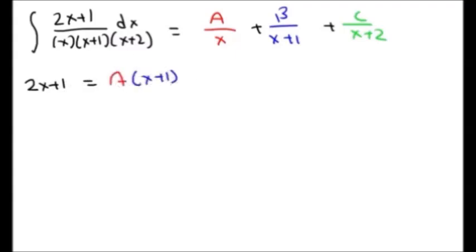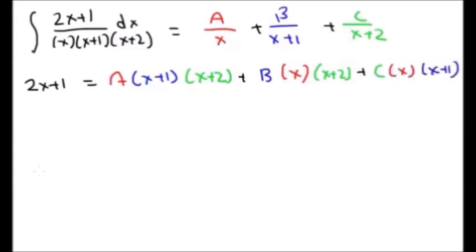Using lowest common denominator, we can then have 2x plus 1 equals a times the quantity x plus 1 times the quantity x plus 2 plus b times the quantity x times x plus 2 plus c times x times the quantity x plus 1.